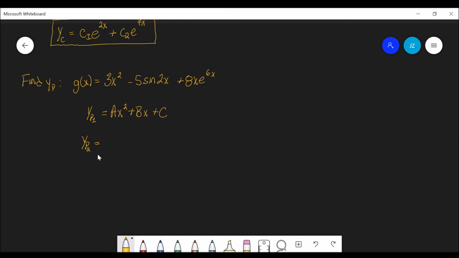So yp2 would have to be a trig function. Now, the derivative of cosine is sine. So our particular solution has to be a linear combination of sines and cosines. So it's going to have the form e times the cosine of 2x plus f times the sine of 2x.